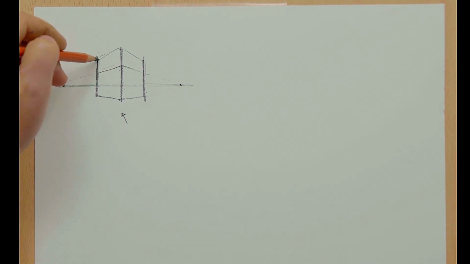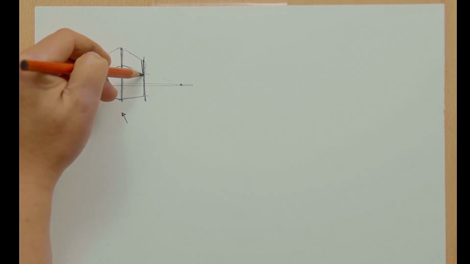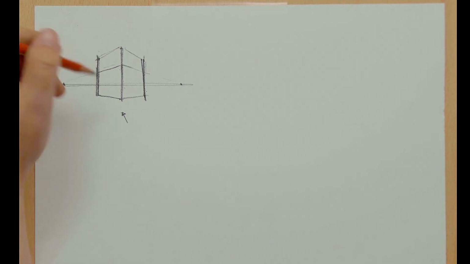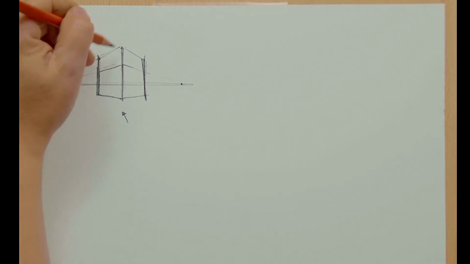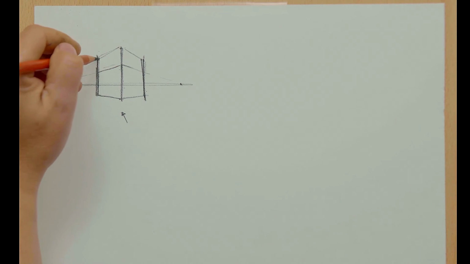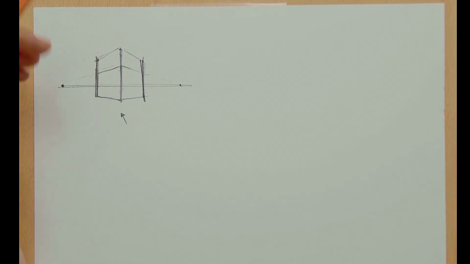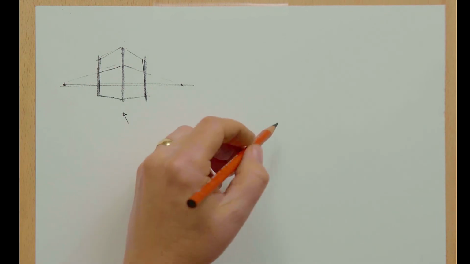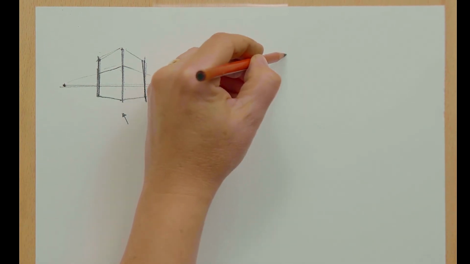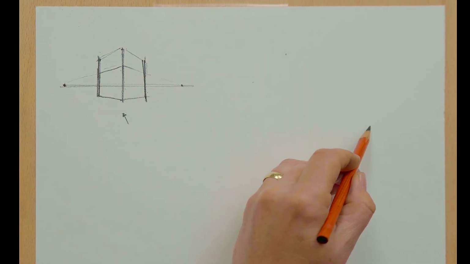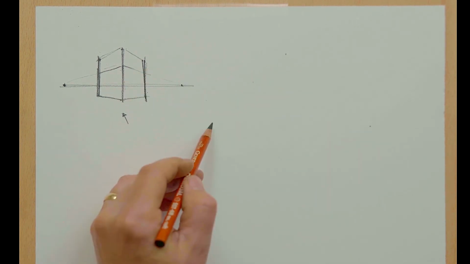But what's really going on is very slightly you're going to actually have these lines start to converge a little bit as they go up higher. And it's going to be so slight if the building's not that tall that you may not notice it. And so very often we just teach that, just make those straight. It's just easier.